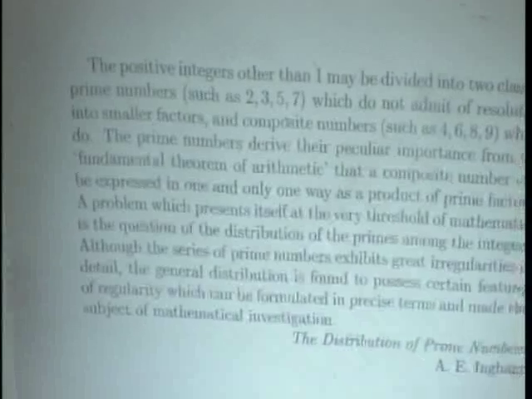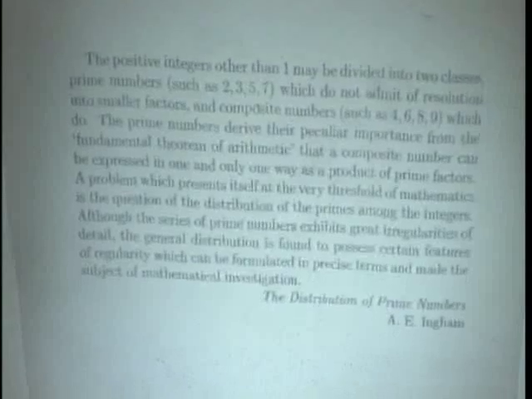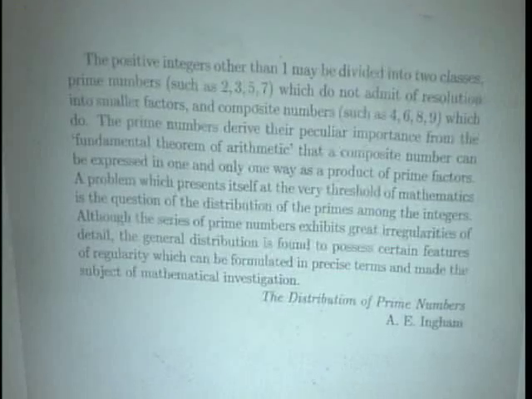I think the last sentence is particularly apt. The series of prime numbers exhibits great irregularity of detail. But if you stand back and look at it from a distance, you see that it does have a certain rough regularity that's hard to pin down and articulate, but nevertheless leads to the possibility that perhaps some sort of theory could be developed about these numbers.